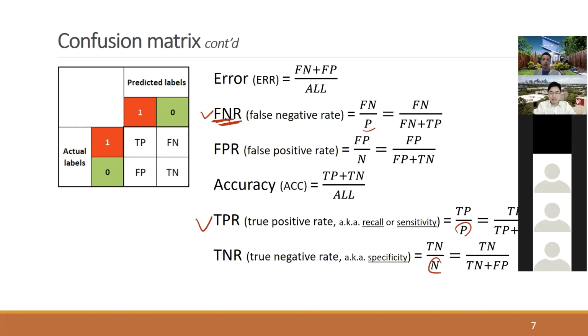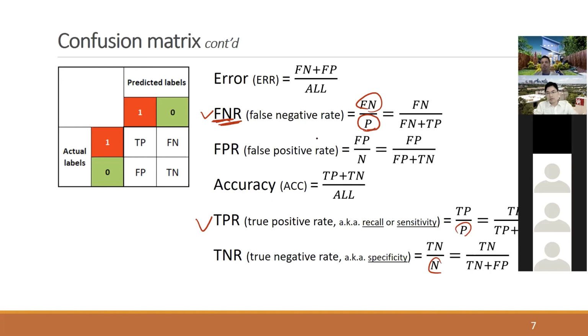False negative is describing the errors that the algorithm makes in classifying all the positive cases. Of all the positive ground truth, how many did the algorithm incorrectly classify as negative, which is false? So you have the false negative on top, but you have all the positive cases, positive ground truth, as the normalizing factor at the denominator.